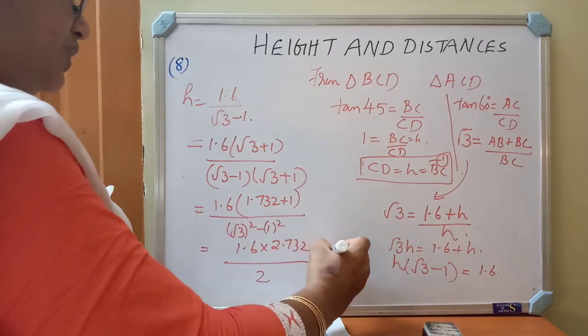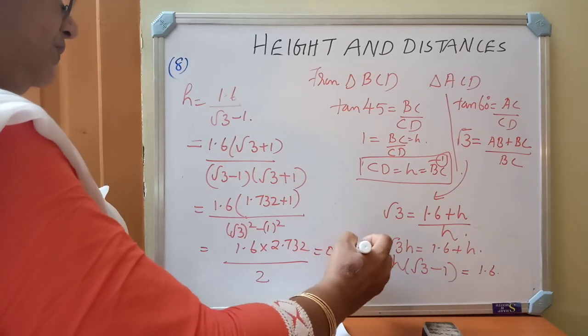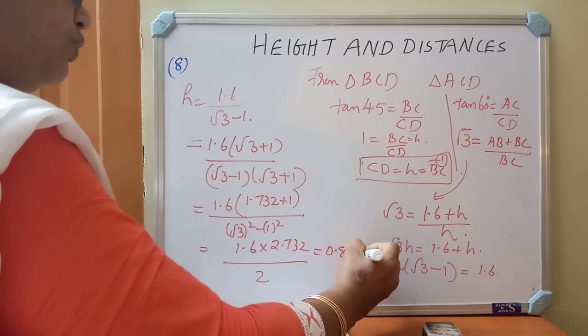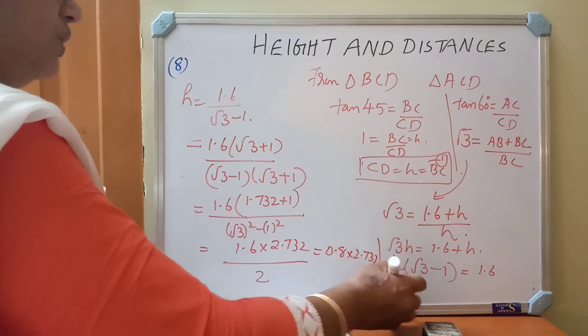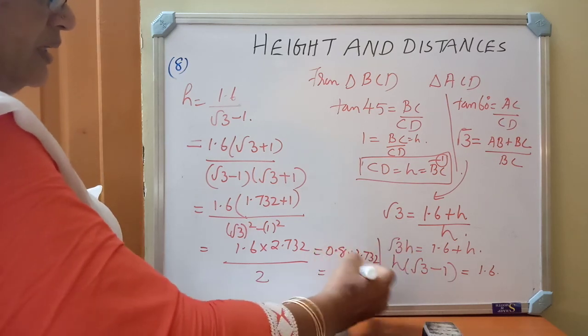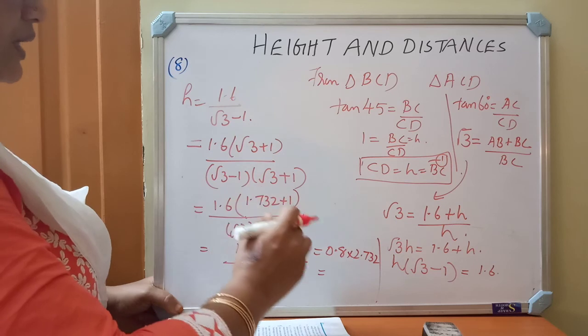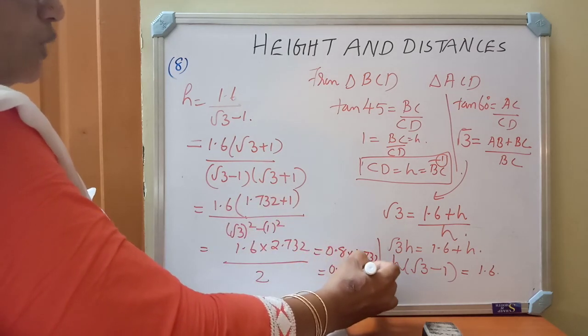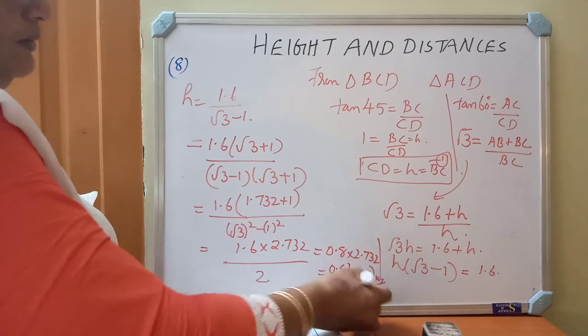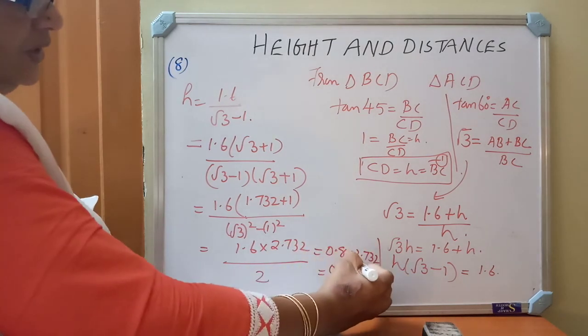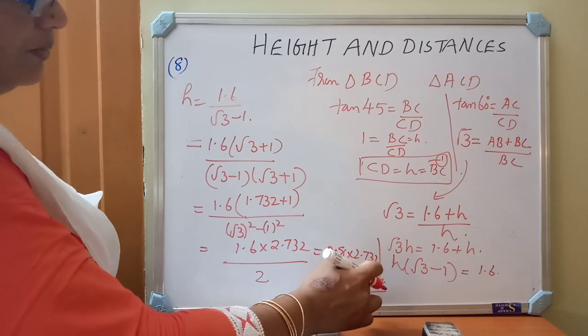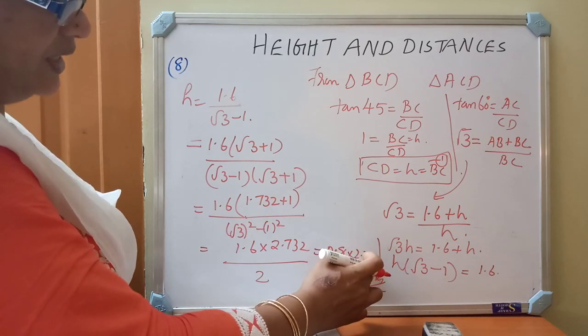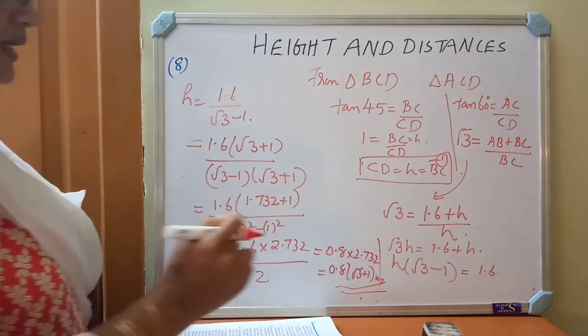That is 0.8 into 2.732. All of you multiply and write the final answer. Otherwise, you can write 0.8 into root 3 plus 1 meter. Root 3 plus 1 only I simplified and written. This you multiply and write the final answer.